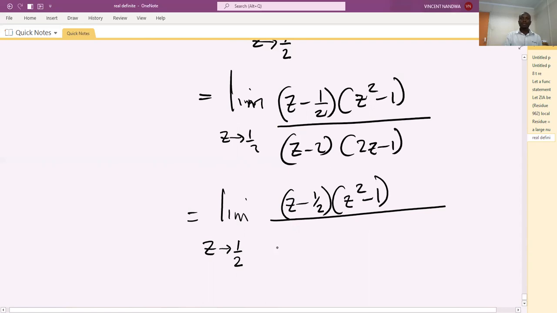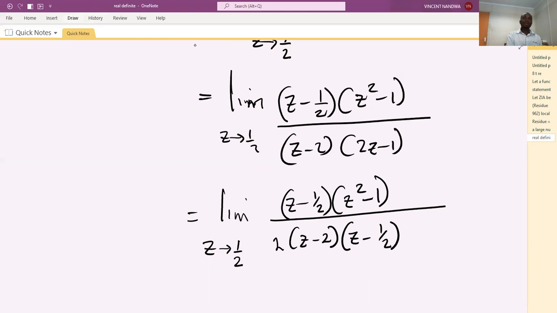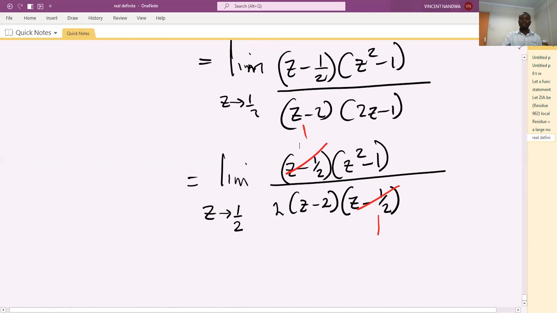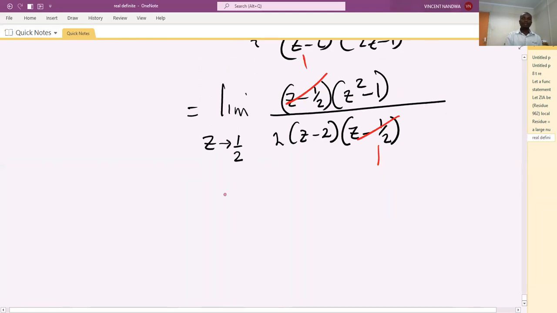So here I factor out 2, so I say 2 into z minus 2, then I'll have to write z minus a half. So this expression and this one are the same. By doing so, this factor and this factor cancel out. And so I'll have limit z approaches a half of z squared minus 1 over 2 into z minus 2.